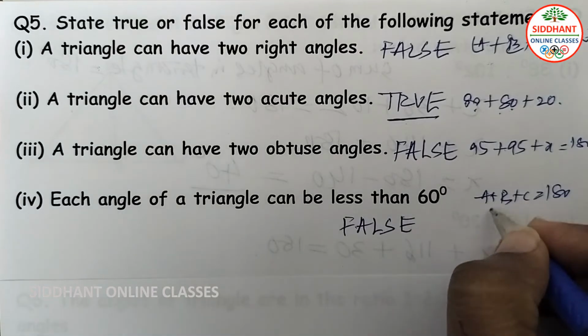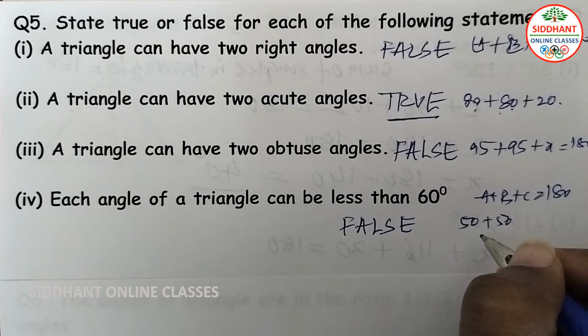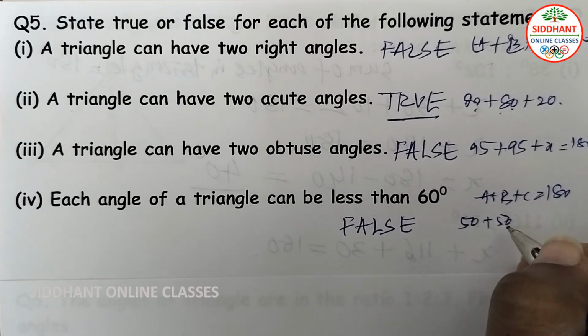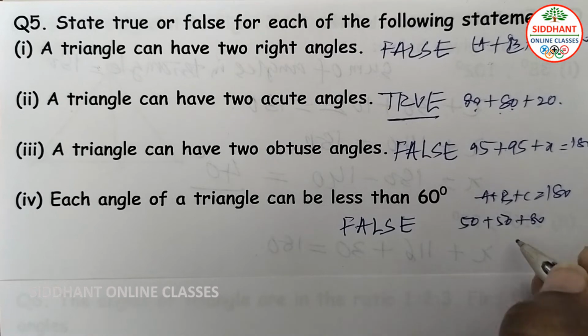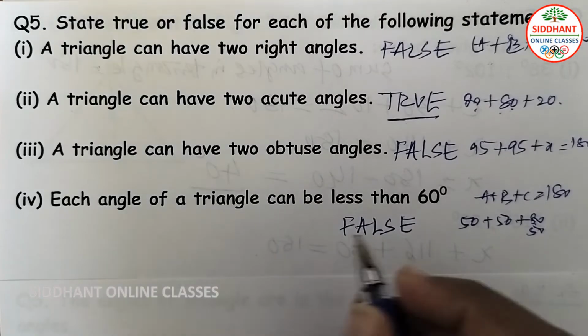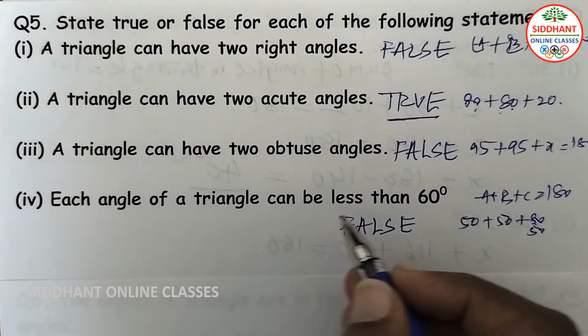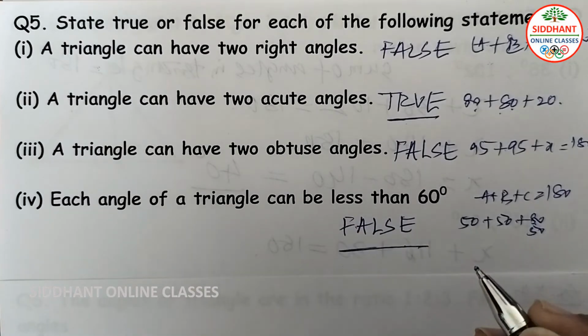Suppose one angle is 50, and the other angle is 50, then 50 plus 50 is 100, and the third angle should be 80, then it will fit in the triangle. So 50 plus 50 plus 80 becomes 180. If the third is also 50, then the sum will be 150, which is not possible. The statement given, each angle is less than 60 degrees, is not possible. The statement is false.